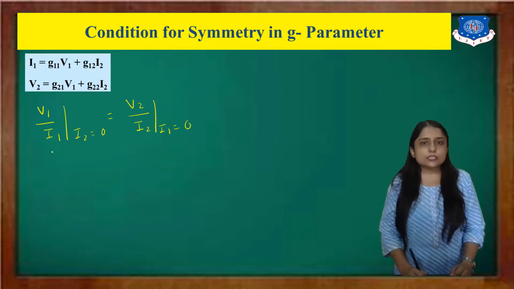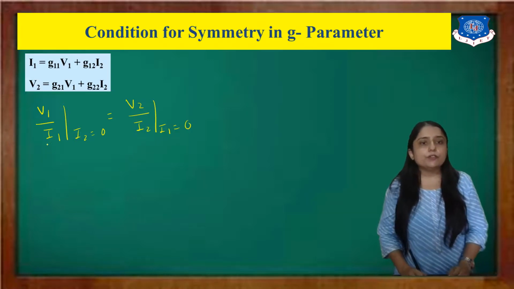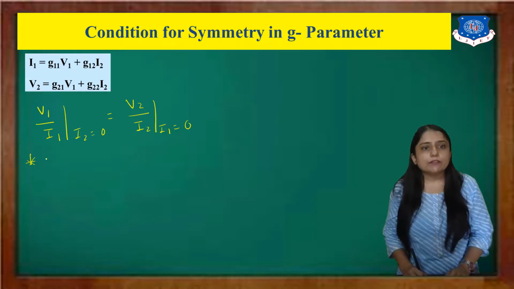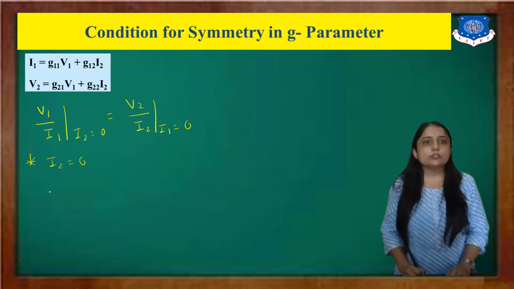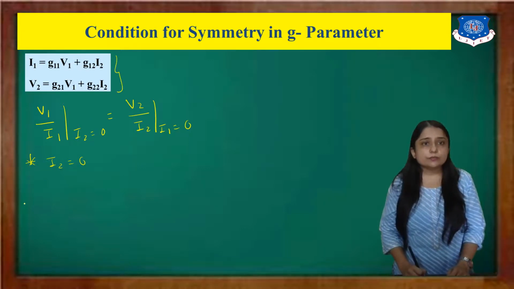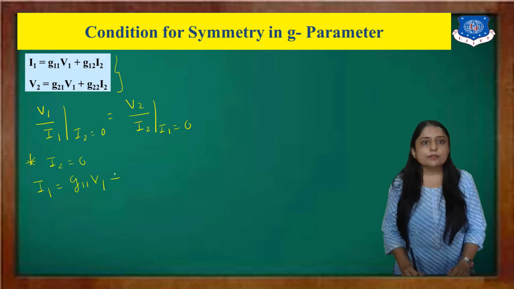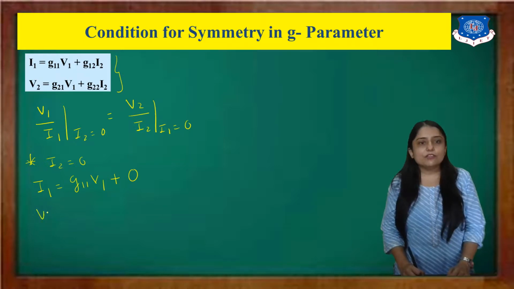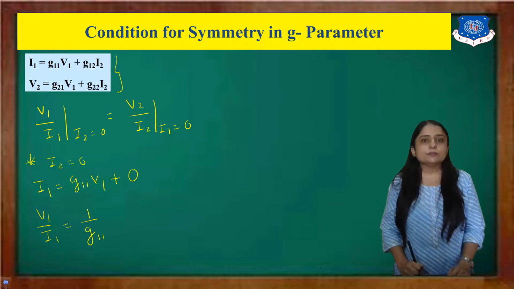So first of all, I will find out the value of V1 by I1. For that, I will consider I2 equal to 0. So let's substitute this in these two equations. Then the first becomes I1 equals G11 into V1. In place of I2, I have to consider 0. So from here I will get V1 by I1 equals 1 upon G11.